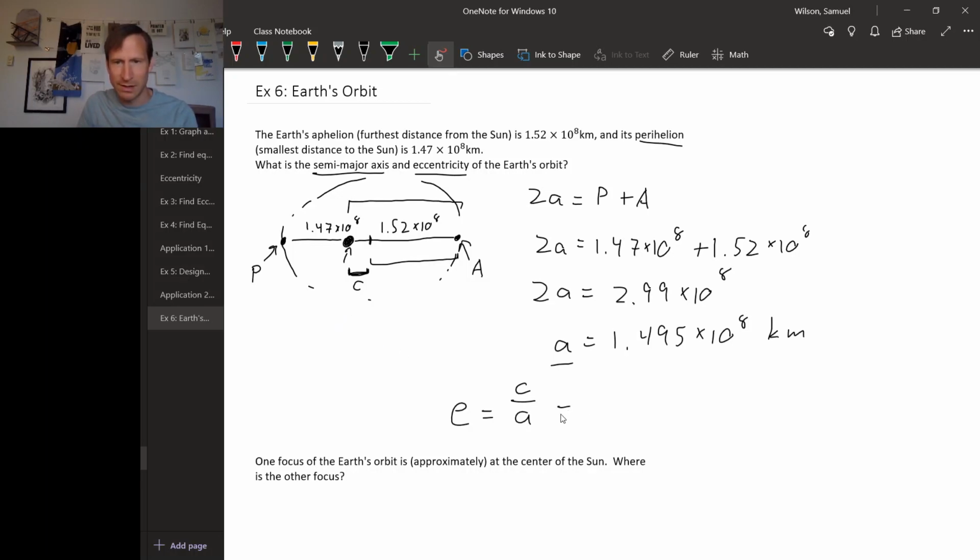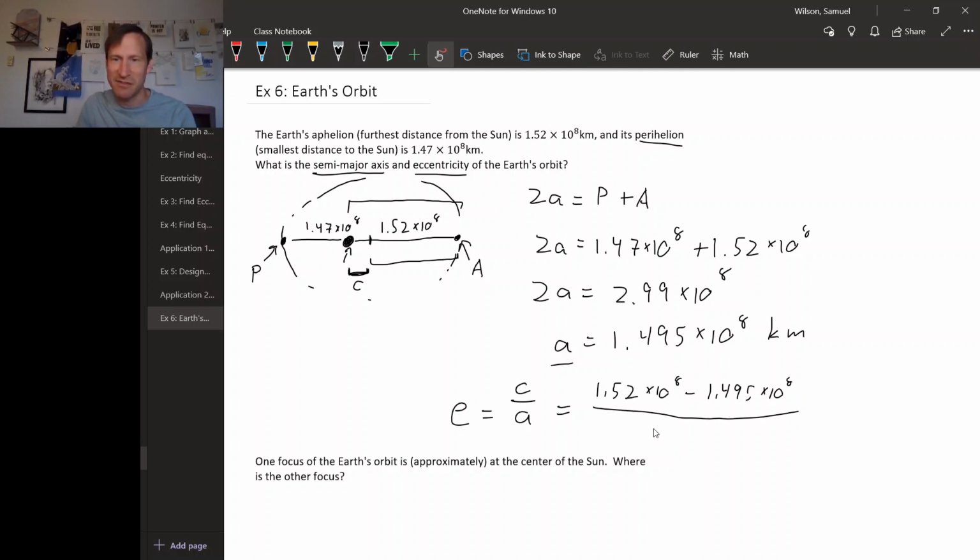So for c, we can take our aphelion, which is 1.52 times 10 to the 8th, and then subtract our semi-major axis, which is 1.495 times 10 to the 8th kilometers.